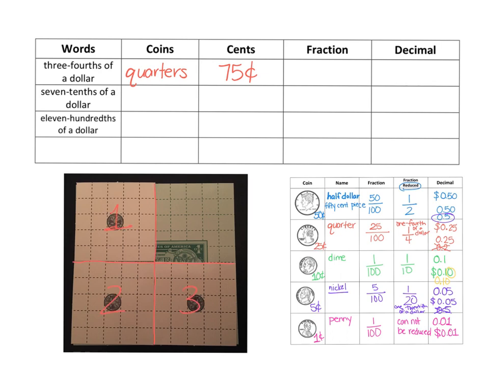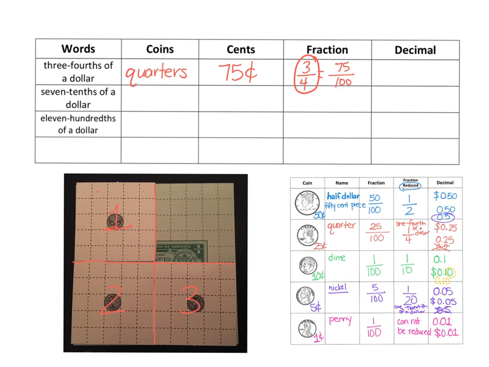You might have said that 3/4 is 3 out of 4 parts of a dollar. Or maybe you said that each one was 25 and altogether it was 75 cents out of a dollar. Both of those would be correct. But usually we're going to go with the smaller reduced fraction.